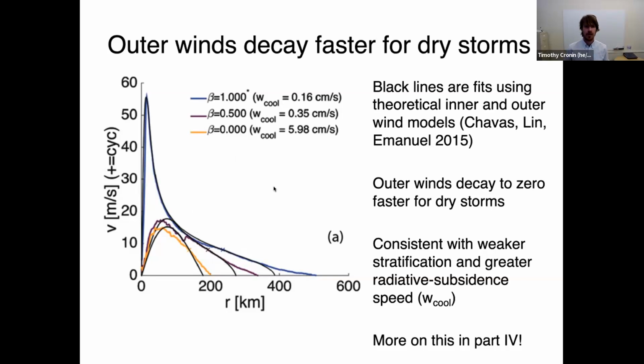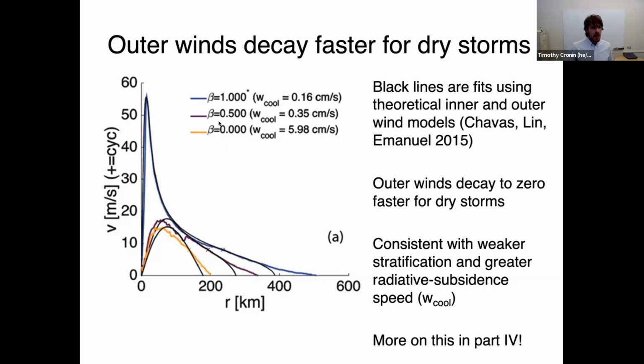This is consistent with a theoretical outer wind model by Emanuel in 2004 that matches the Ekman suction rate into the outer wind part with the radiative subsidence speed, which is the ratio of the radiative cooling rate of air just above the top of the boundary layer to the static stability there, or basically how fast air has to sink through a given environment in order for its radiative cooling rate to just match its adiabatic warming rate.